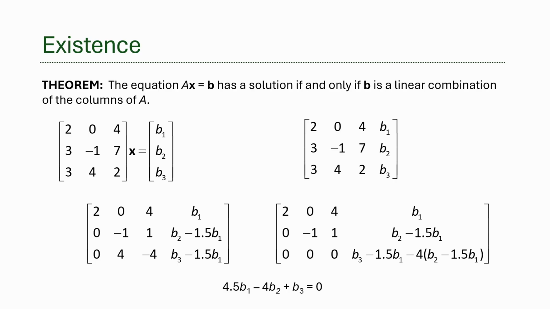Referring back to our previous discussion, remember what this looks like in R3. That equation, 4.5 B1 minus 4 B2 plus B3 equals 0, defines a plane, specifically a plane that goes through the origin. So only vectors that are in that plane, when substituted in for B, are going to give us solutions.